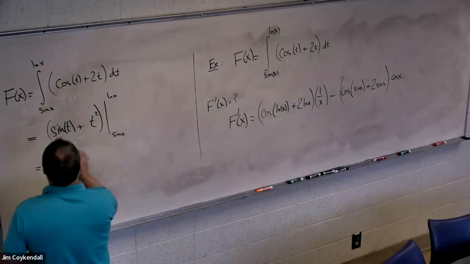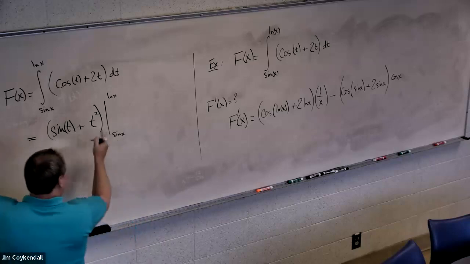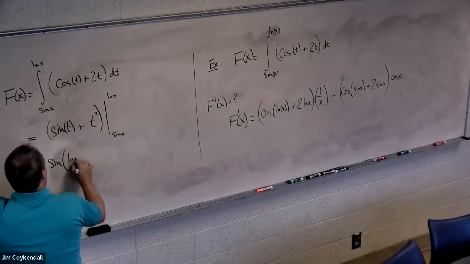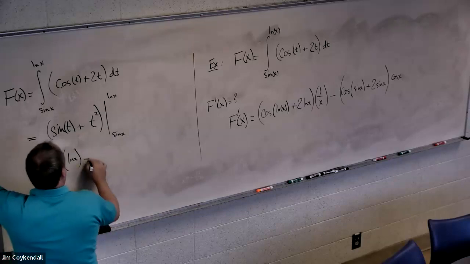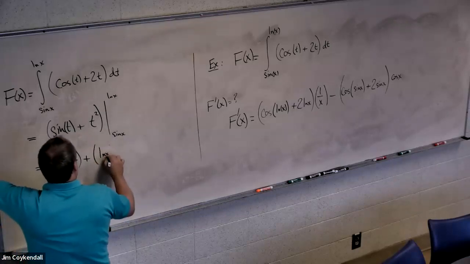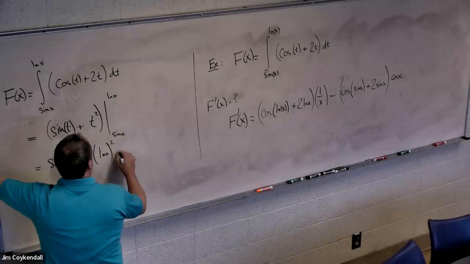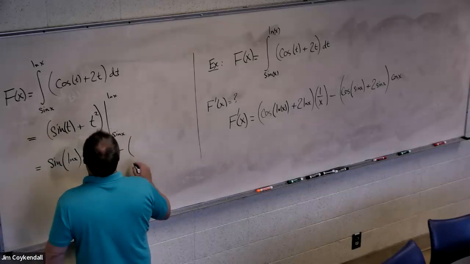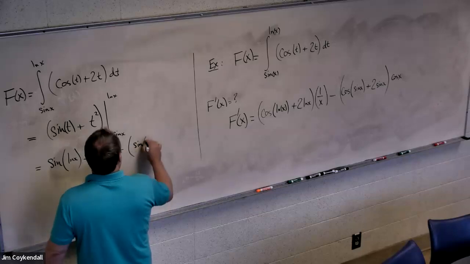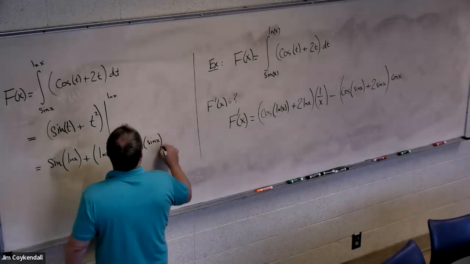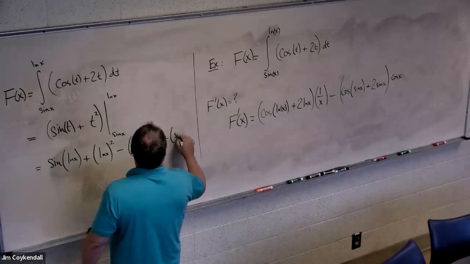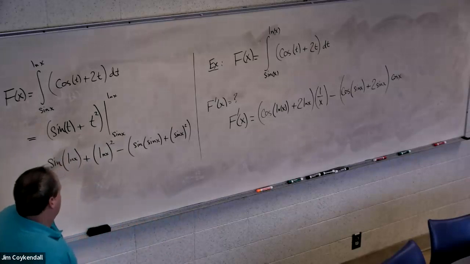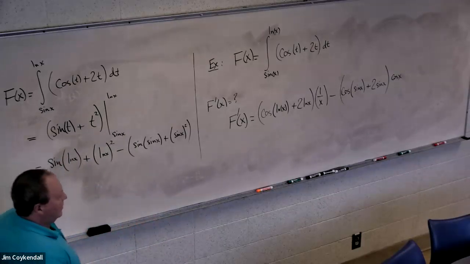Dang it, put the top one in first. My bad. I put sine of log x plus natural log x quantity squared, minus sine x plus sine x squared. Everybody agree with that?